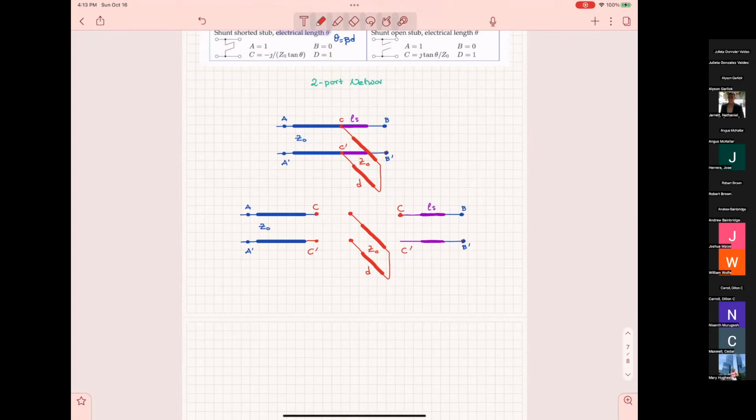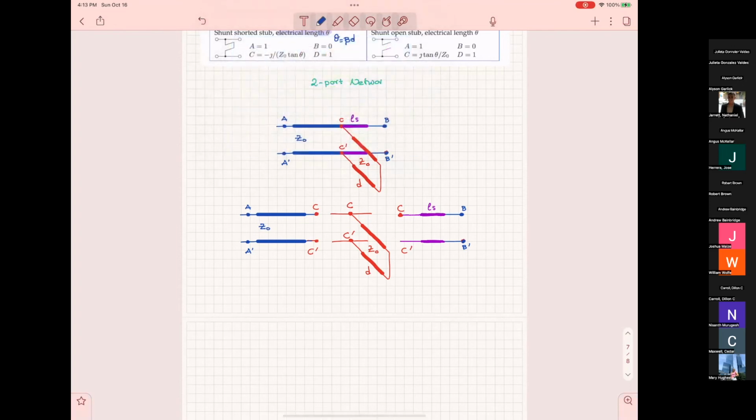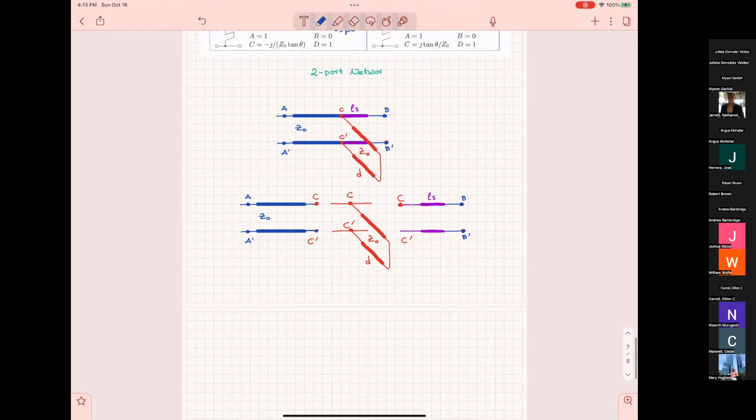And then I have the stub that also connects to C C prime. Do you agree with how I split the three parts apart? So we treat the two sides of the transmission line as separate? Yes, because they have a stub in between. Yeah, two sections. You consider them two separate sections, even if they have the same Z naught.